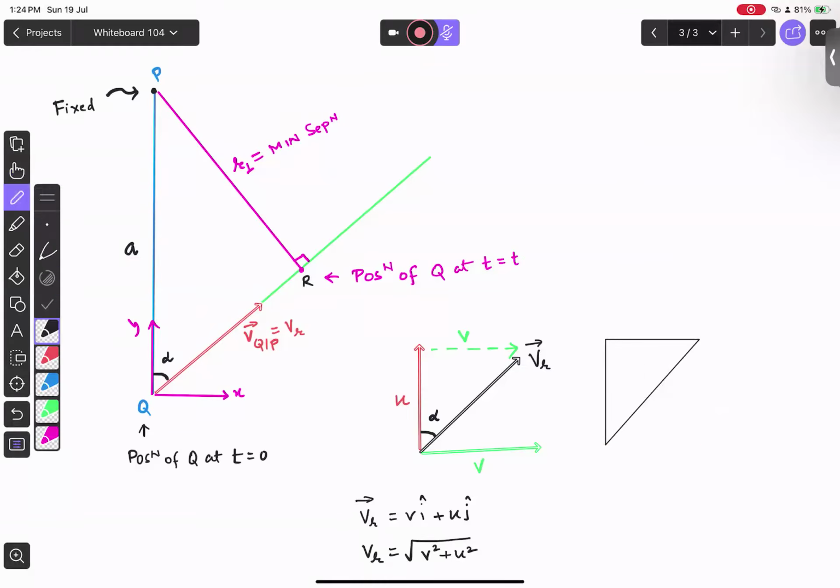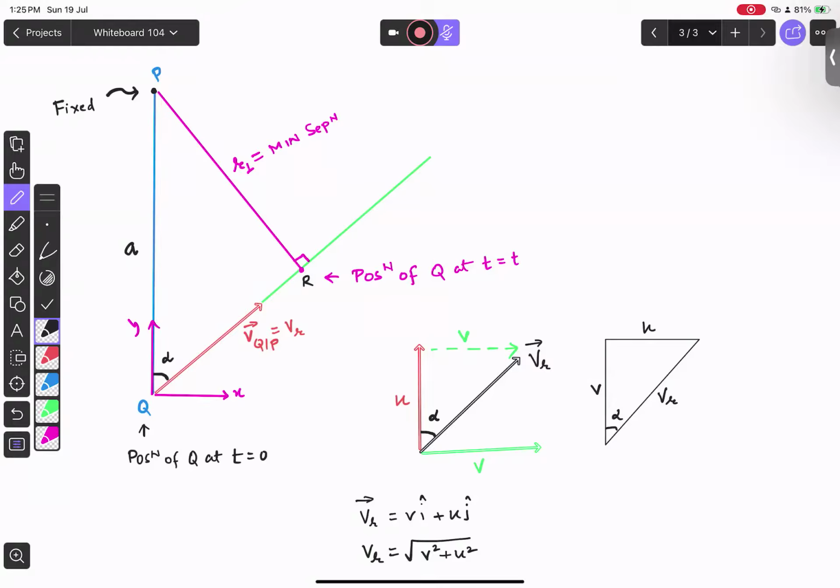In that triangle, the hypotenuse is of length VR, this length is U, and this length is V, and I have to find alpha. Everyone can see we can find alpha, but we will not find it now, because I don't need the angle basically for solving. We may need sine alpha, cos alpha, or tan alpha, so we will find them directly. Okay, so let's solve the other part.